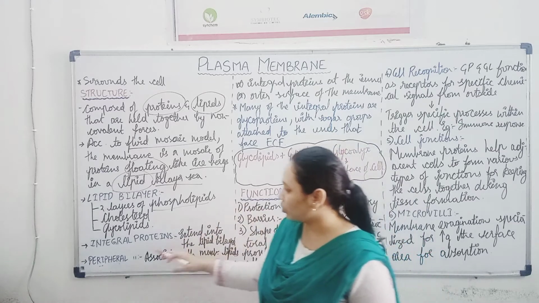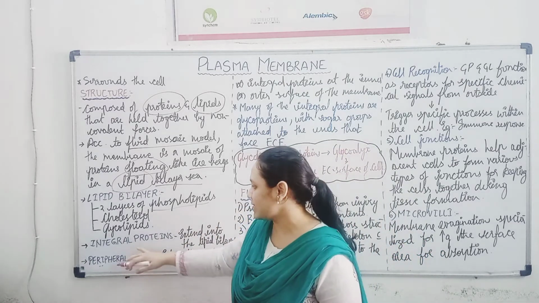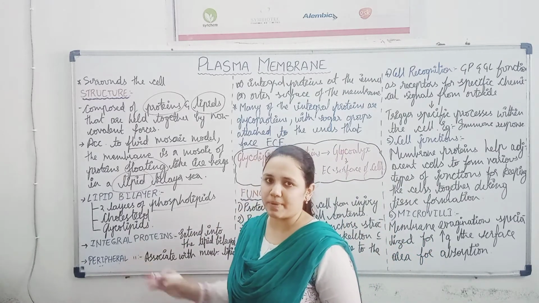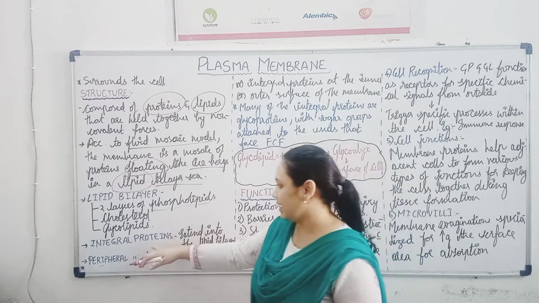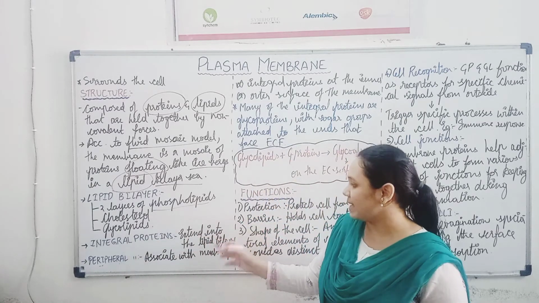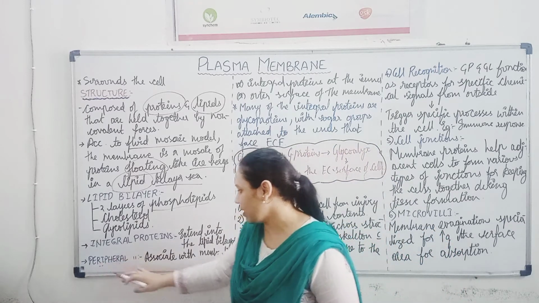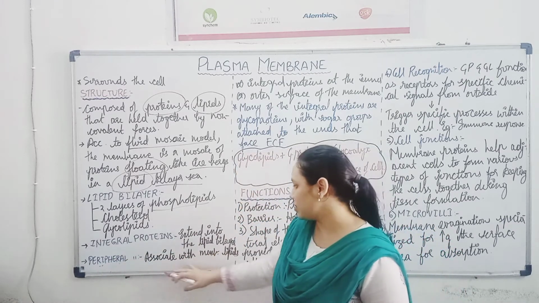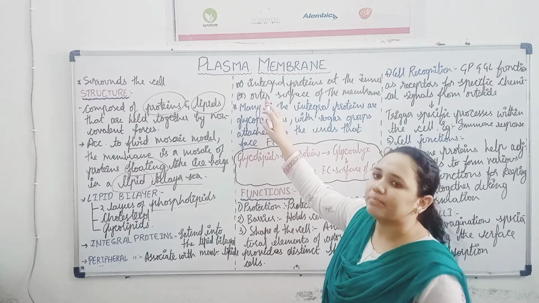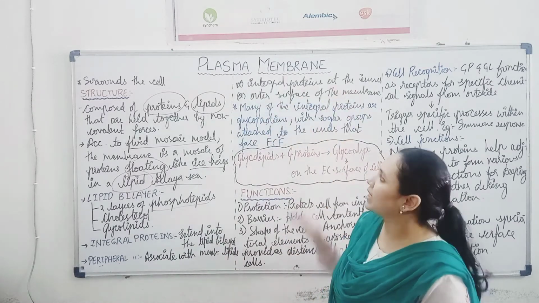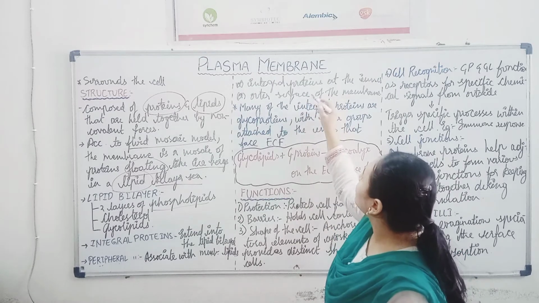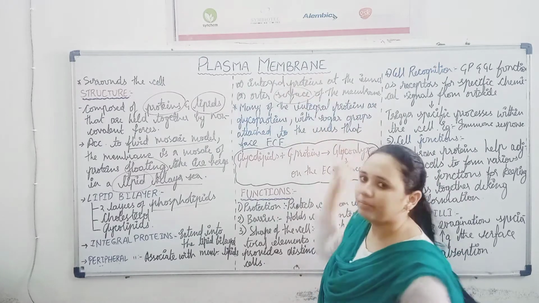Coming to the proteins, there are two types: integral proteins and peripheral proteins. Integral proteins extend into the lipid bilayer, whereas peripheral proteins associate with the membrane lipids or integral proteins at the inner or outer surface of the membrane.